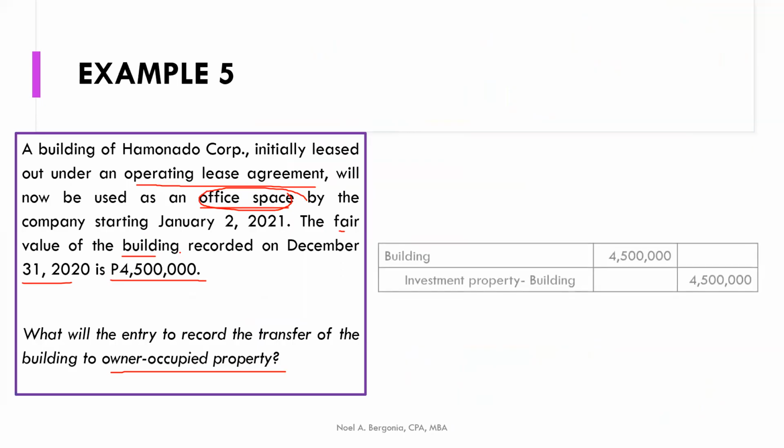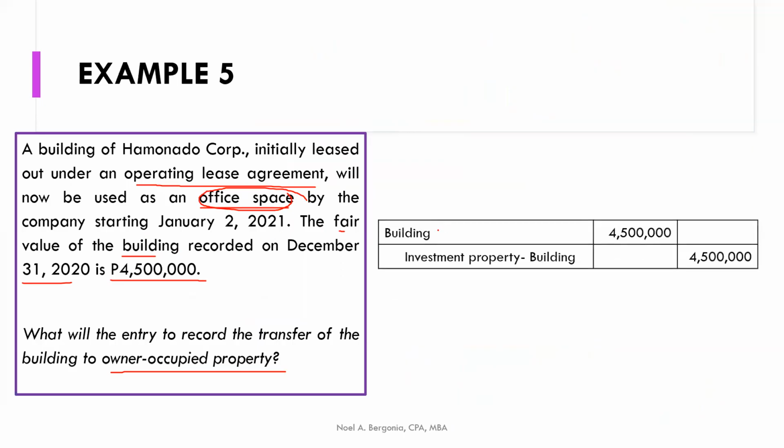So ang gagawin mo lang, transfer mo lang. So debit mo yung building at 4,500,000 and credit investment property building 4,500,000. So once na-transfer na siya as owner-occupied, kahit dati naka-fair value model siya, it will now be subjected to depreciation already kasi it was already classified on January 2, 2021 na owner-occupied.